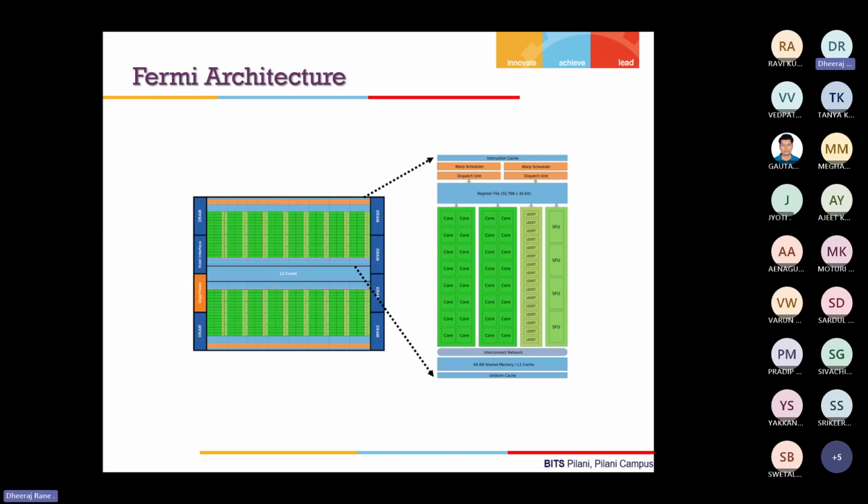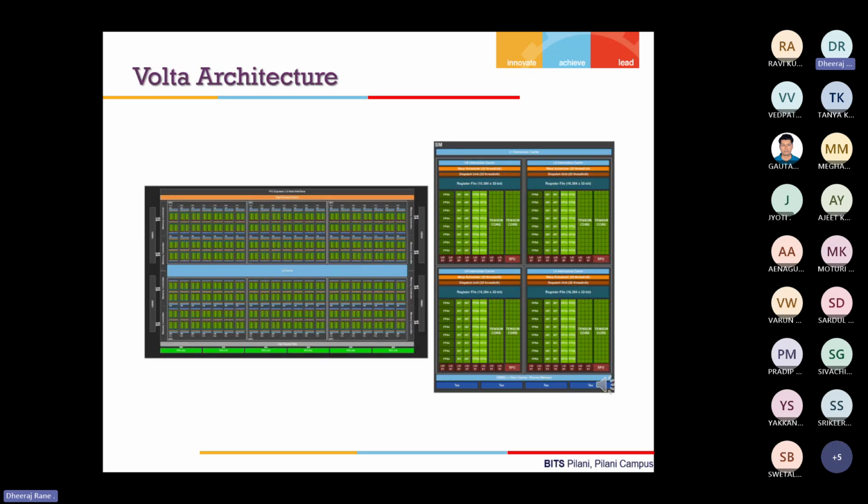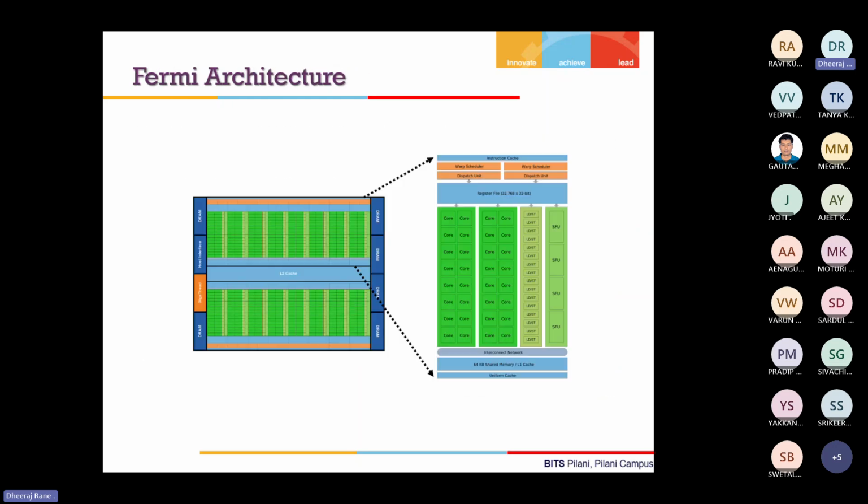There are several architectures as far as NVIDIA is concerned nowadays. You may be hearing that the Blackwell architecture is getting very popular from NVIDIA. The animation that I'm creating will include the various architectures as well.